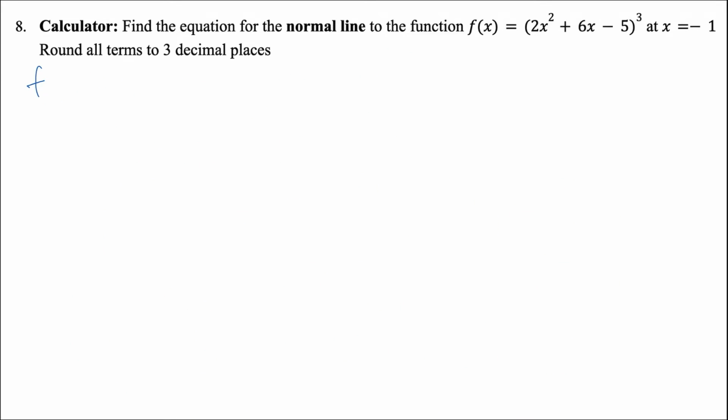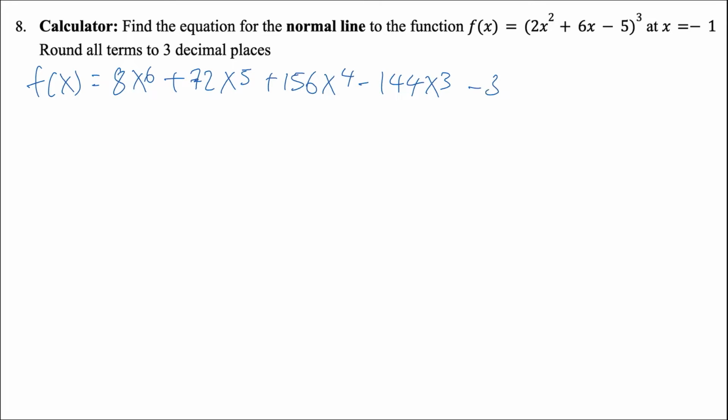Now that we have simplified everything, we have f of x equals 8x to the 6th plus 72x to the 5th plus 156x to the 4th minus 144x to the 3rd minus 390x to the second plus 450x minus 125.